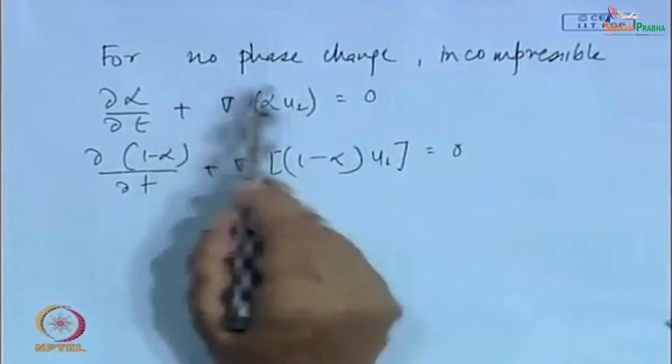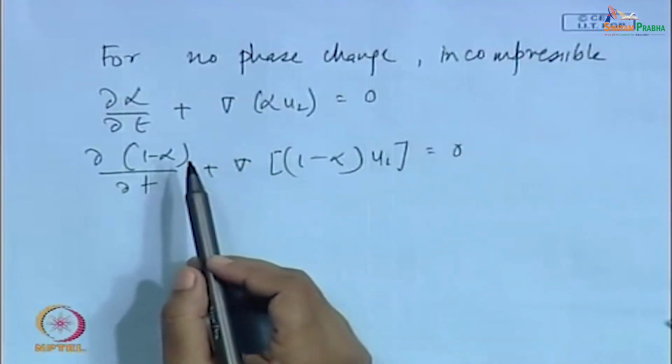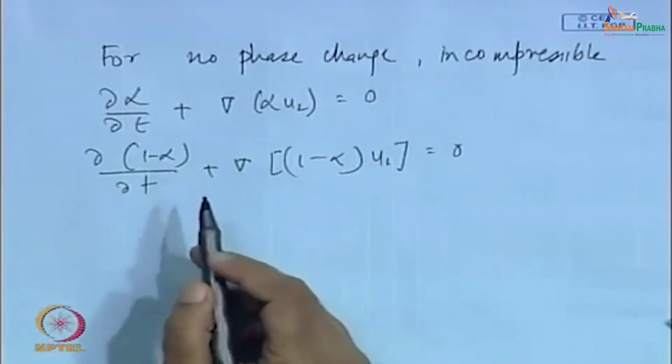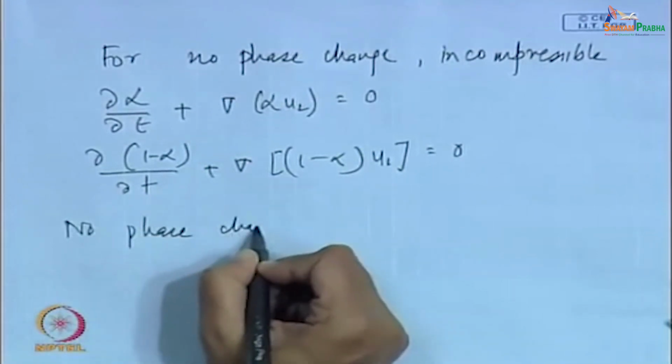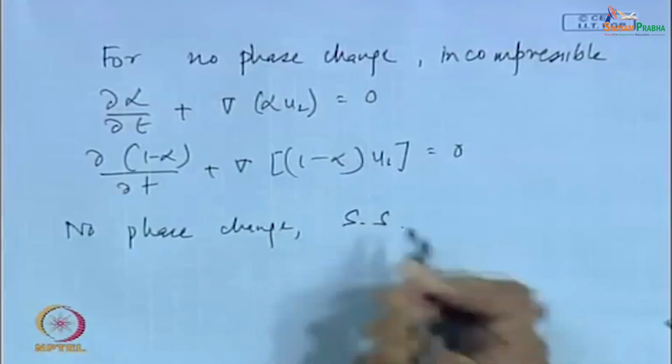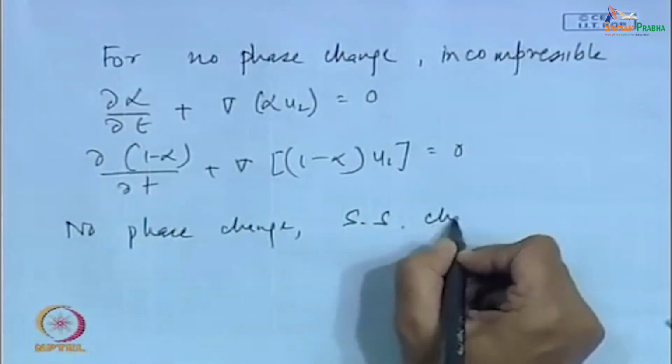Next, suppose there is no phase change, incompressible and steady state, but there is change in area, then what do we get? Naturally the time derivative terms cancel out, and there is change in area.